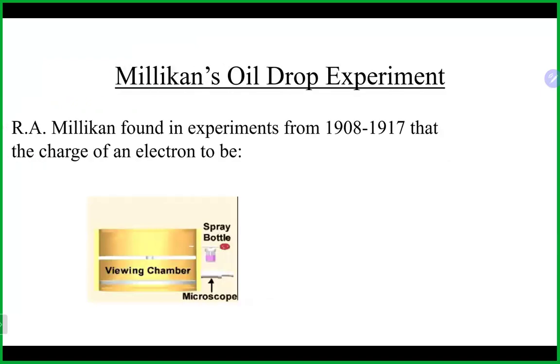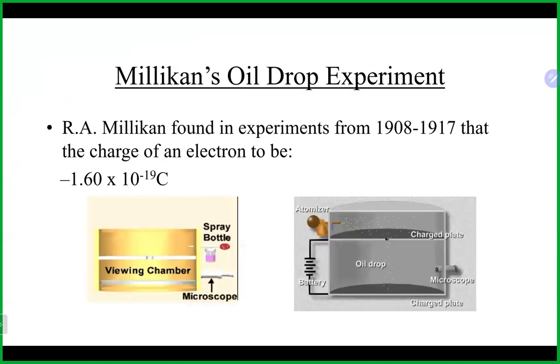And with that, another really important step in terms of electrons was one done by Millikan. Millikan did an experiment which is known as the oil drop experiment. Essentially, that's the setup there on the right and also the left. Basically, in the oil drop experiment, it had an electrical field, and what he would do was shoot some oil droplets in.